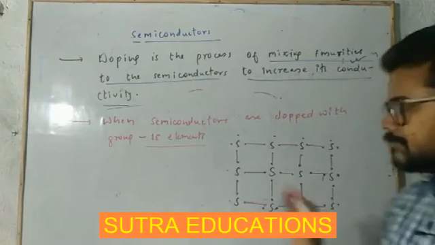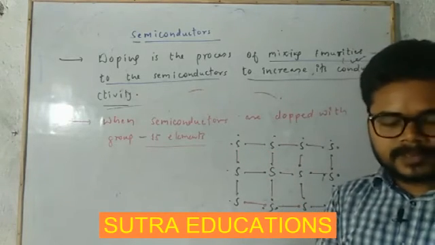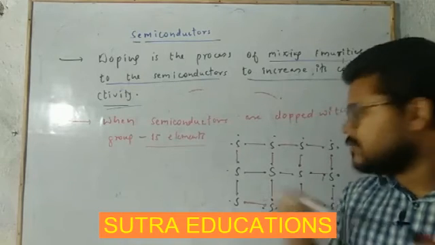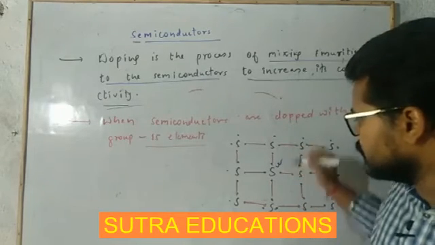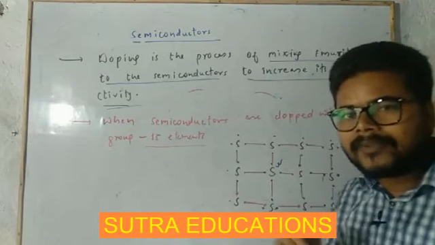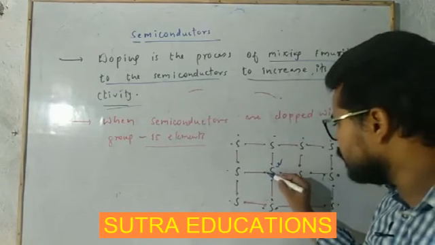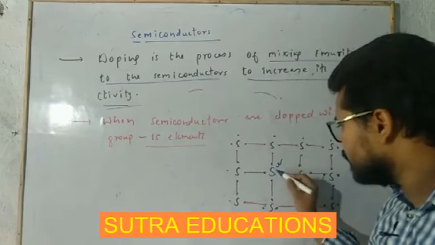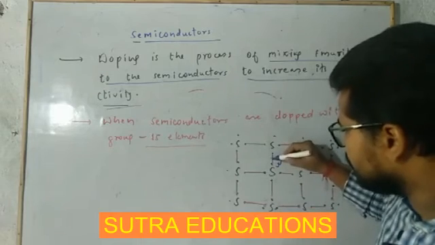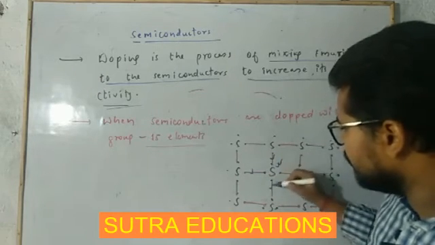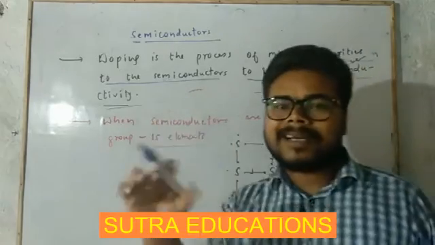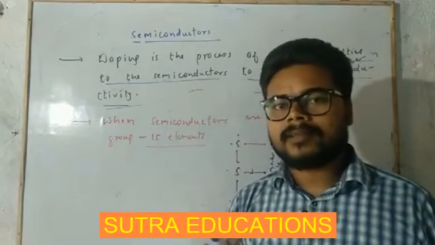Just consider this silicon. You can see very clearly this silicon has four valence electrons, and all these valence electrons are satisfied by making covalent bonds with adjacent silicon. Getting this now?